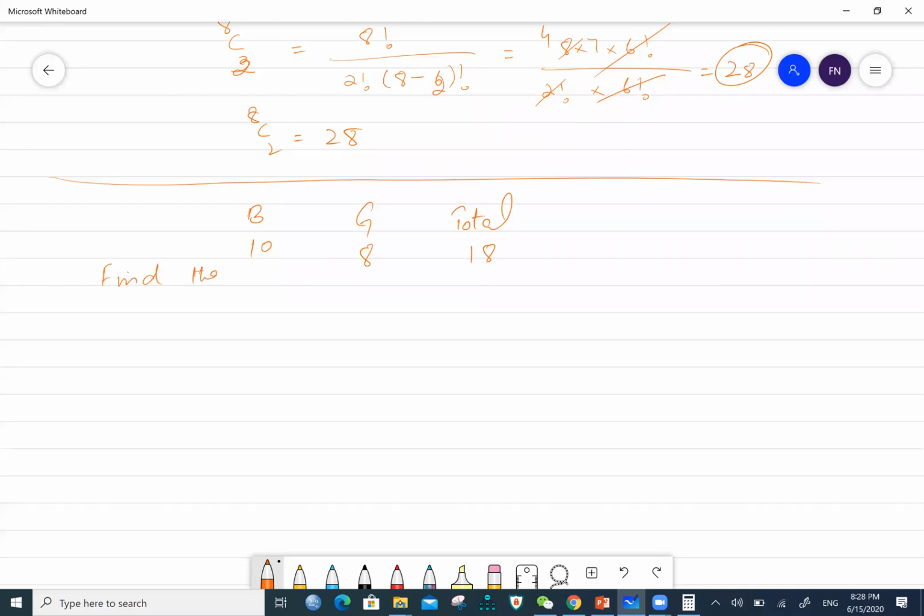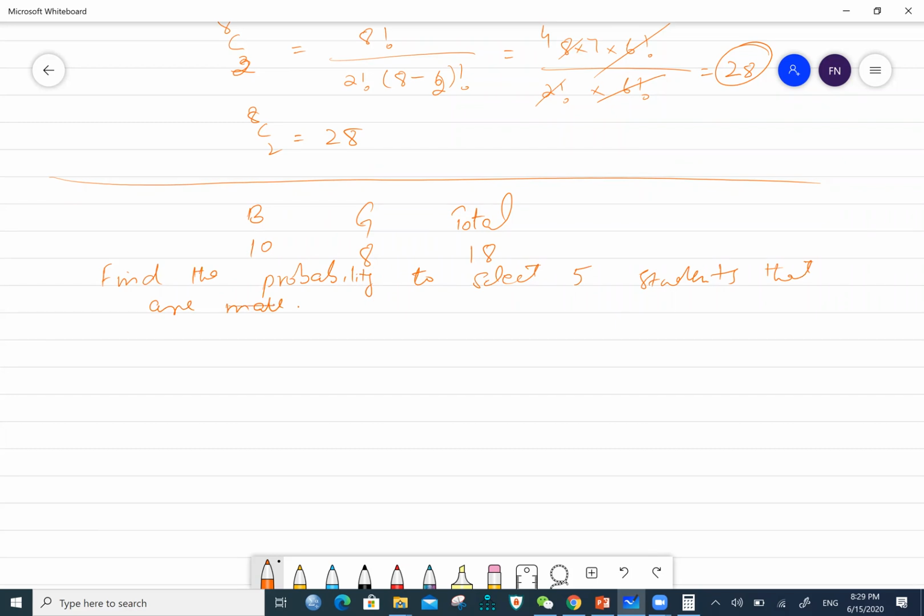Find the probability to select 5 students that are male or boy.